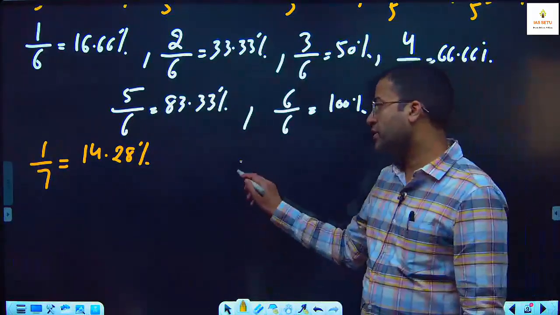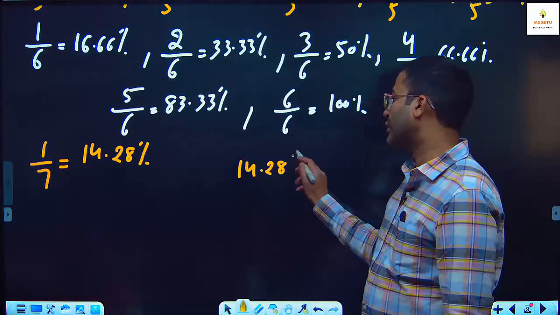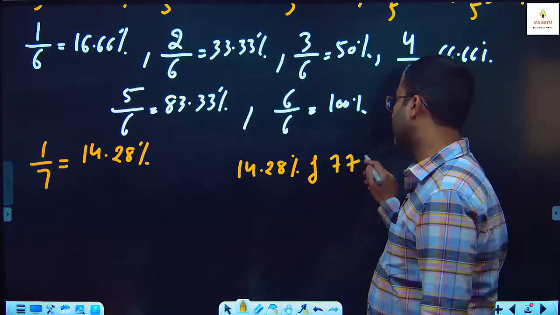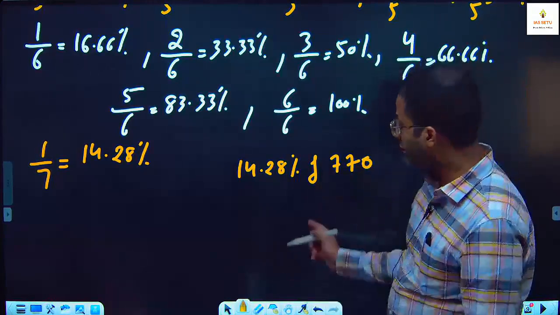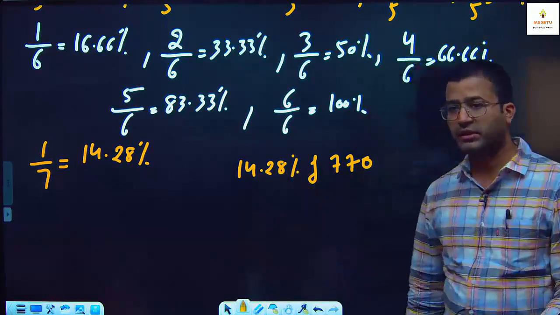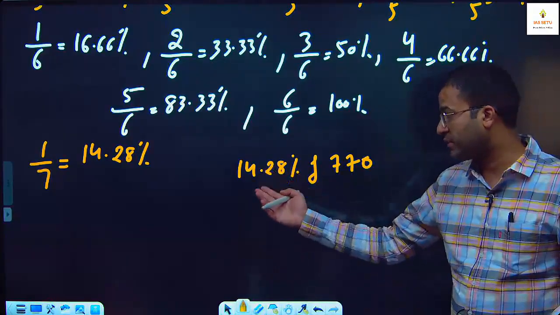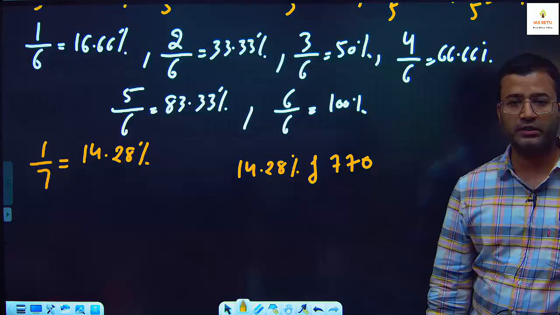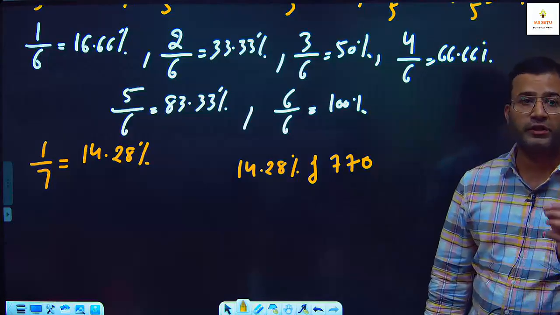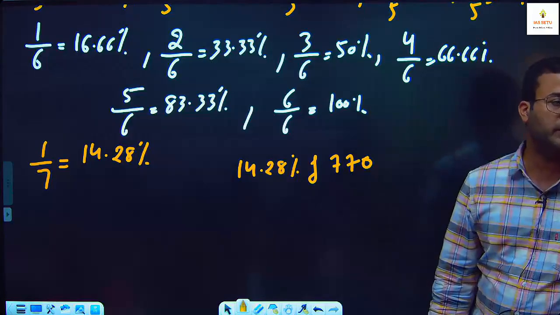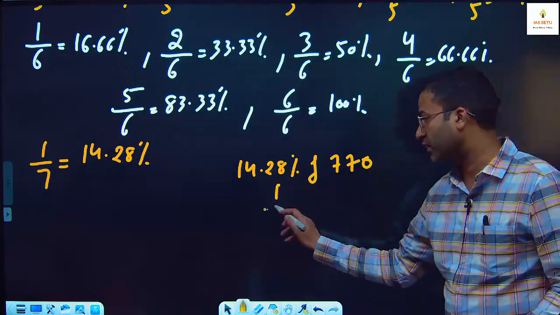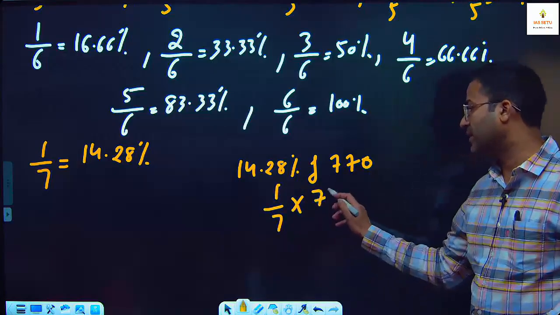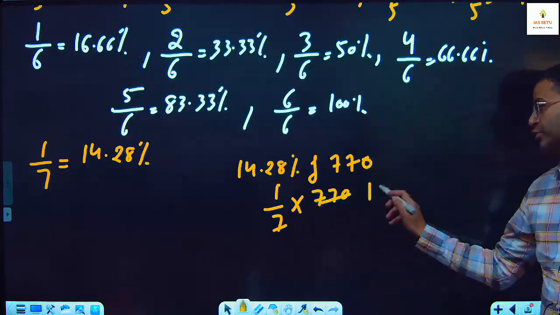So if I ask you 14.28% of 770, students start multiplying with this value, or they break it as 10%, 4%, 0.28%. It will take more than 1 minute. But what we want to check is whether you know the fraction value of this percentage or not. What is this? 1 by 7 multiplied by 770, you get 110.